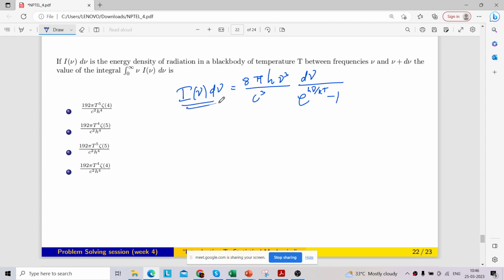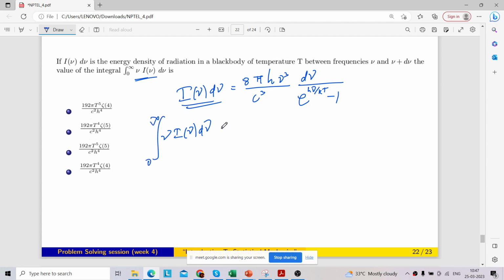This we have. Now they are telling us to calculate the integral of lambda I nu d nu from 0 to infinity.